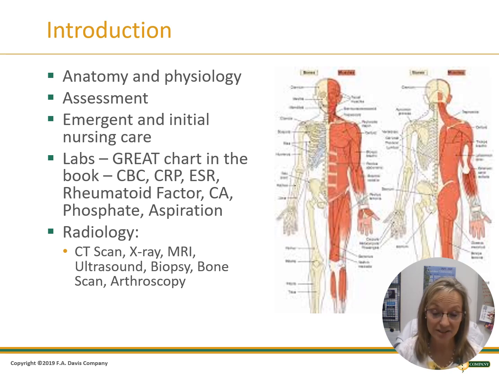So back to the basics, anatomy and physiology. The musculoskeletal system is composed of your bones, your muscles, joints, tendons, and ligaments that interconnect. Muscle contraction is innervated by the somatic nervous system.